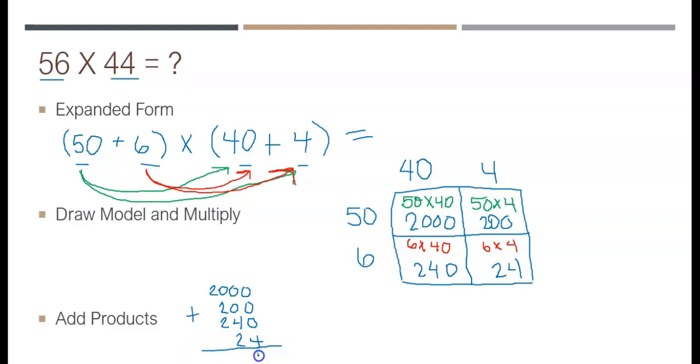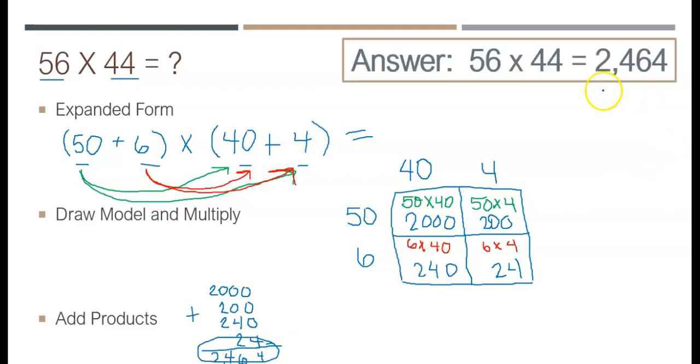Okay, when I add that up, I get 4, 6, 4, and 2. So my answer is 2,464. Or right here, 2,464.